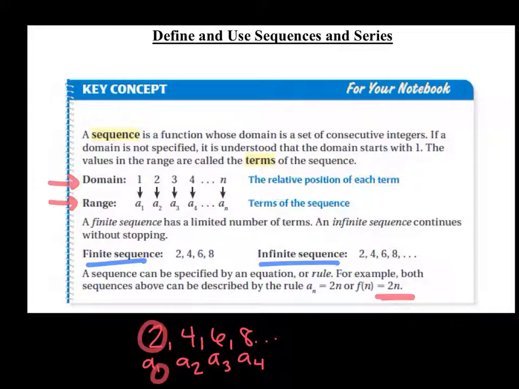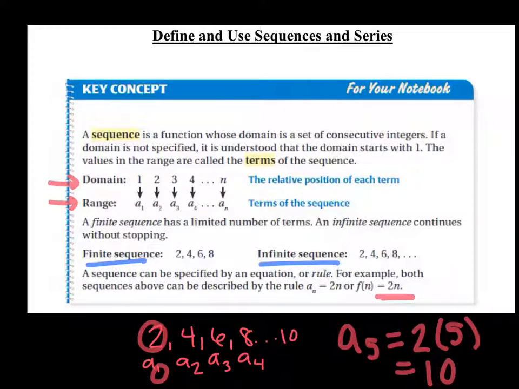So if you were trying to find the fifth term, a sub 5, you would plug in 5 there, and it would give you 10. And that would be your next value. So it's really just trying to find a rule that relates your domain and range, the term number with the term value.